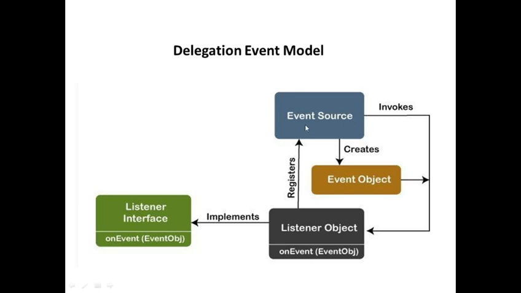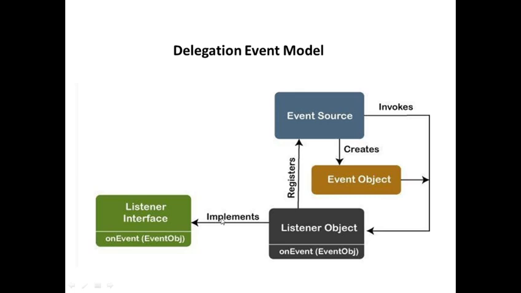So the event source registers the listener, and the registered listener will be directly called by the event source. Only registered listeners can be called by the event source, and the remaining listeners are not allowed to be called.